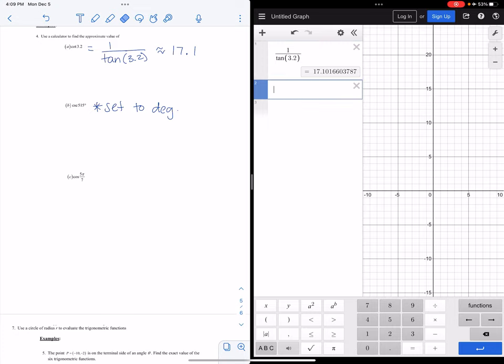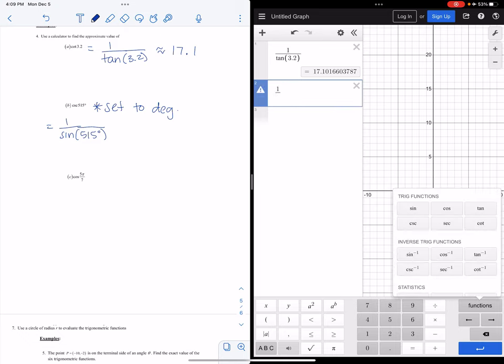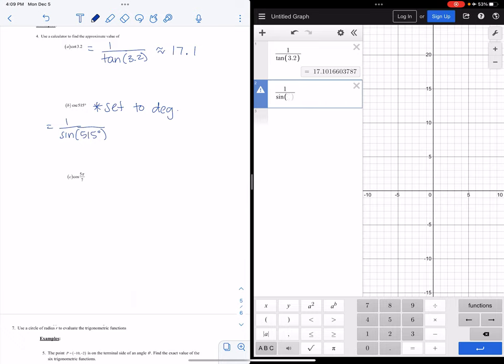So, cosecant, what is cosecant? Cosecant is 1 over sine. So I can plug that in, 1 over my sine of 515 degrees.